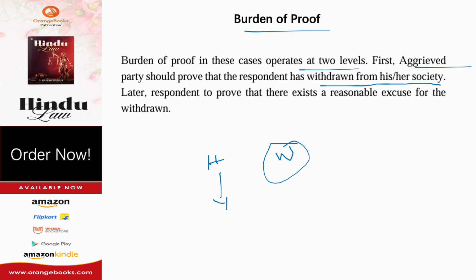There is no valid reason for it. There is no insult, there is no cruelty, nothing. But even then, the husband is living separately. So the burden of proof lies on the wife. And at the second level, the husband has to prove that there are some valid reasons why he is staying away. Once the court is satisfied, then the decision will be provided.